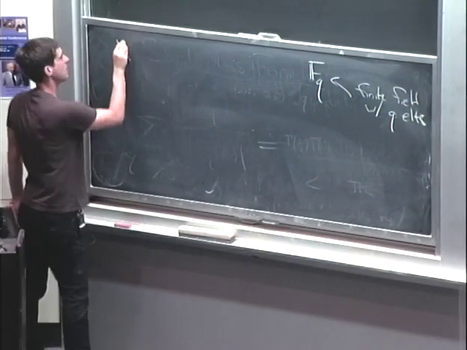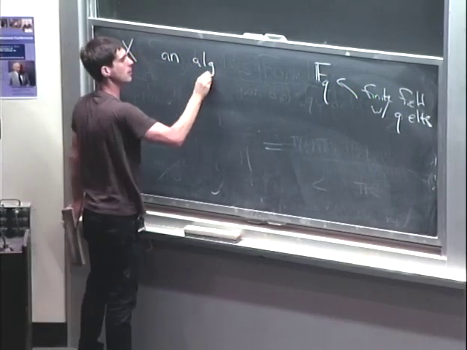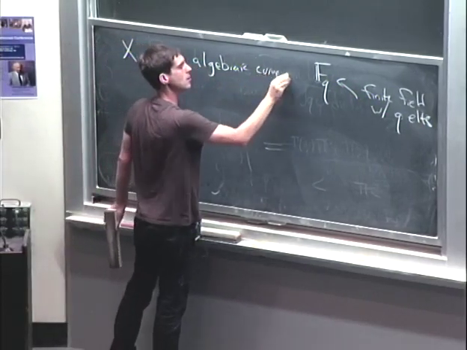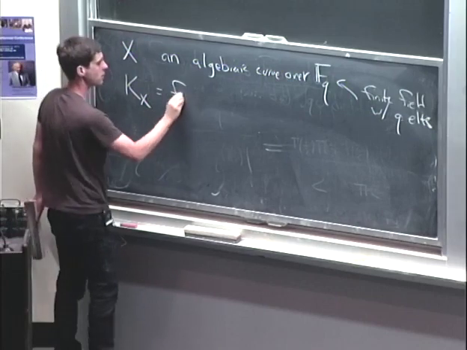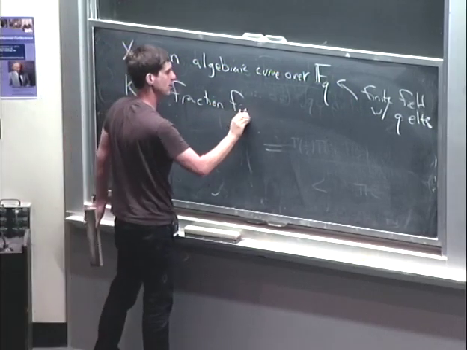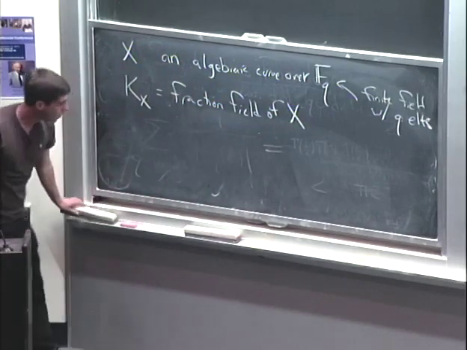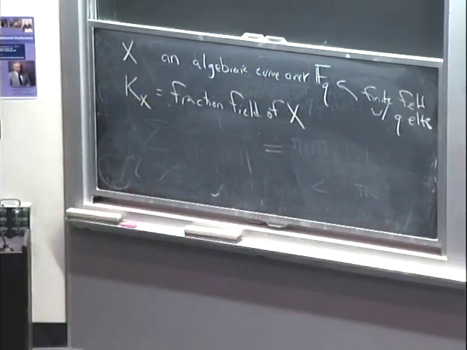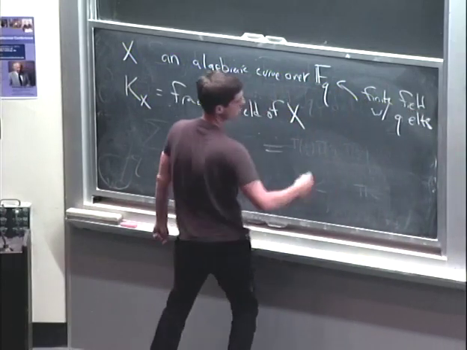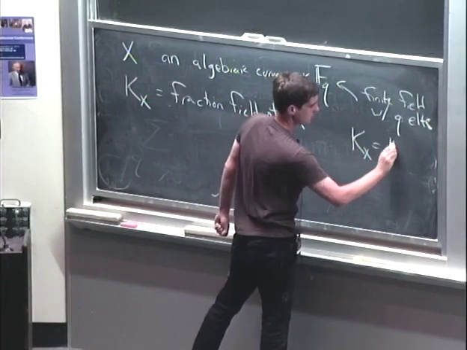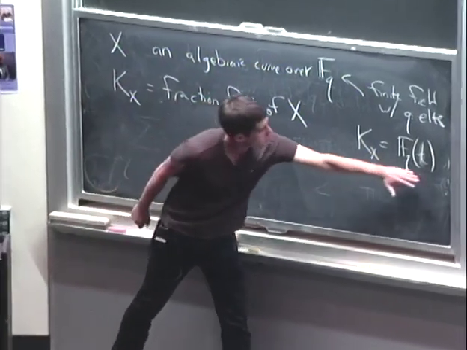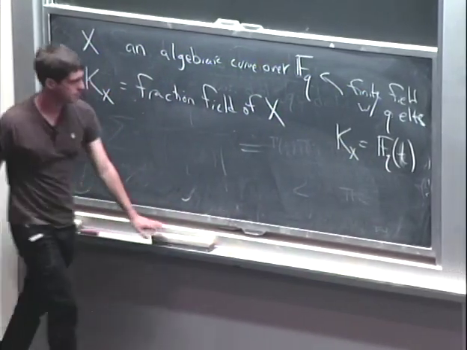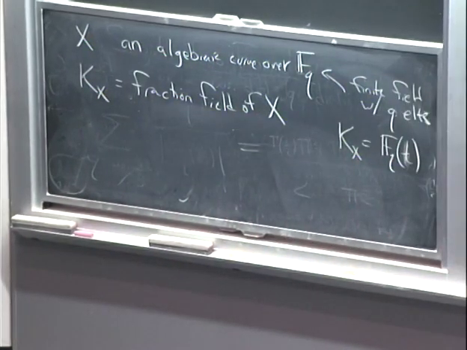And X is going to denote an algebraic curve over F_Q. And K_X is going to be the fraction field of X. So if you don't like the theory of algebraic curves, you can imagine that X is a projective space over F_Q, and then this field K_X is just the fraction field of the polynomial ring on one generator T. And everything I'm going to say is interesting even in this case and reduces to this case with a bit of effort.